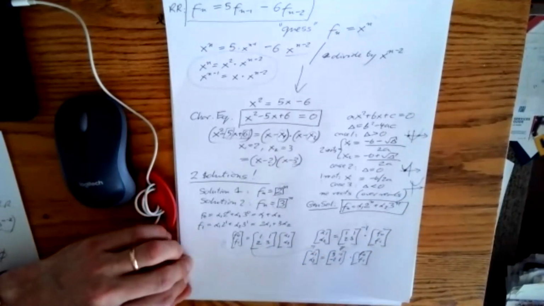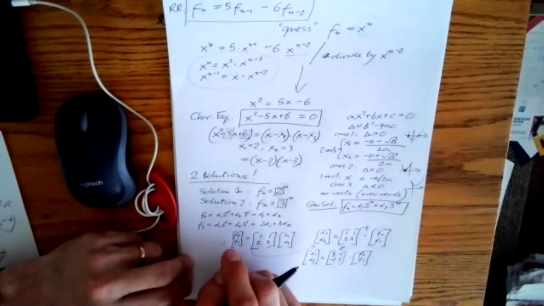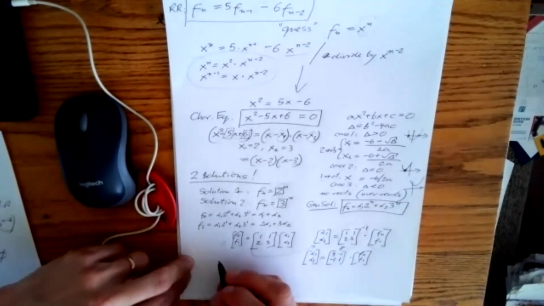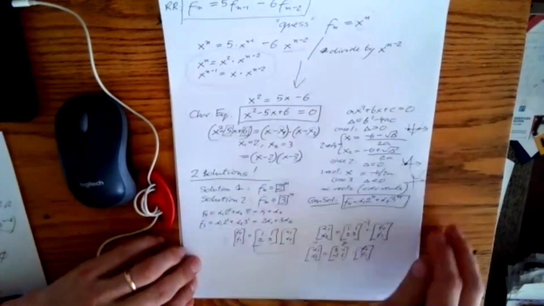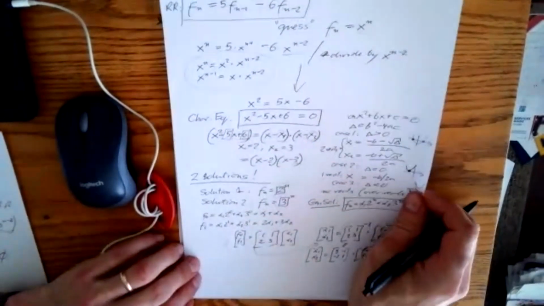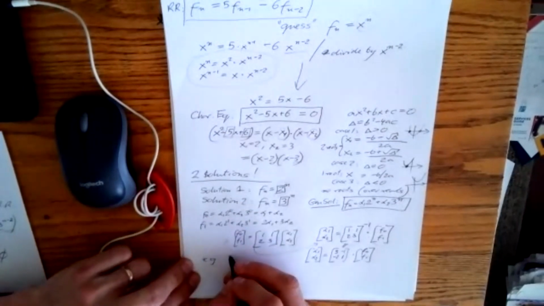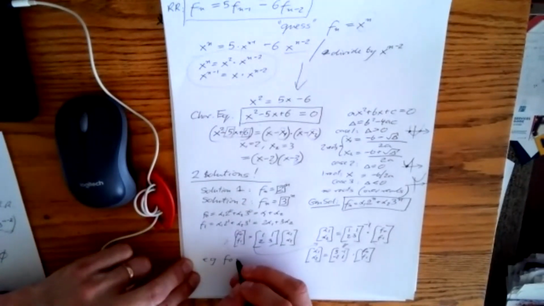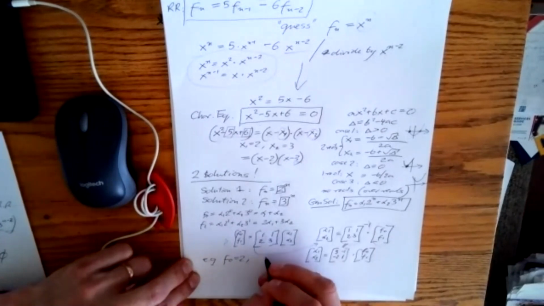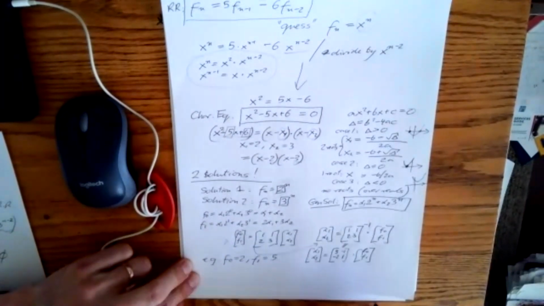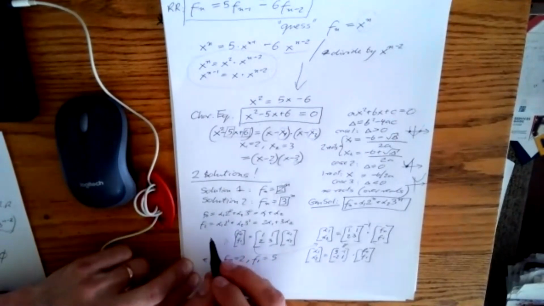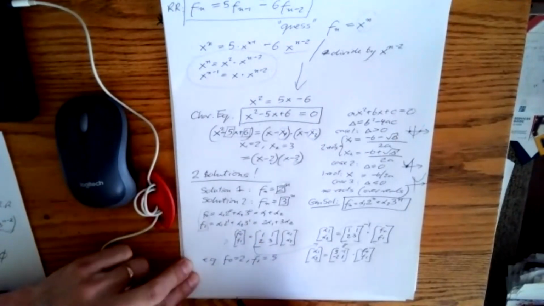So for any particular case, let's take some example. Let's say f0 is 2 and f1 is 5. What are alpha 1, alpha 2 that solve for this particular f0, f1?